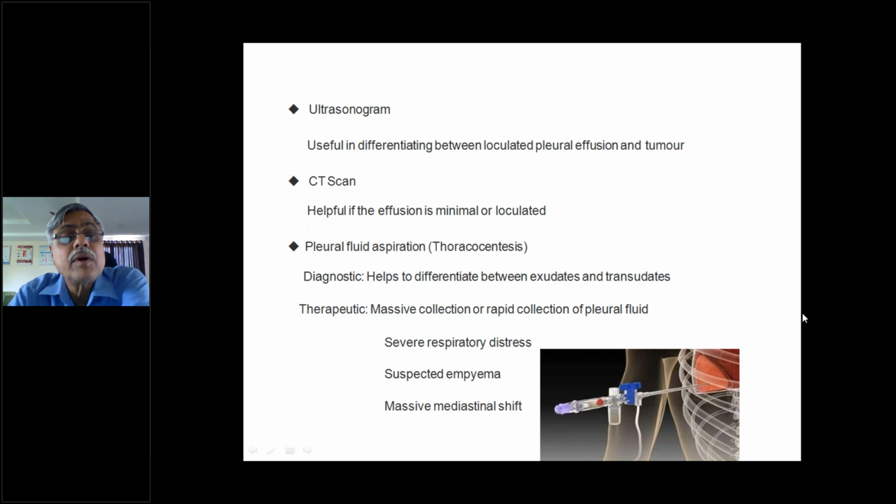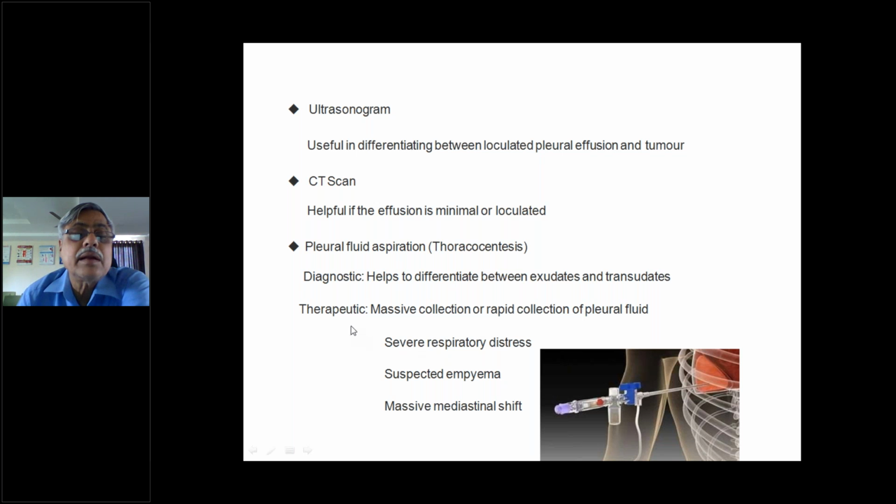For that, you have to aspirate the fluid, at least a minimum of 50 ml, which is required for all these tests. Of course, this differentiates between exudate and transudate.